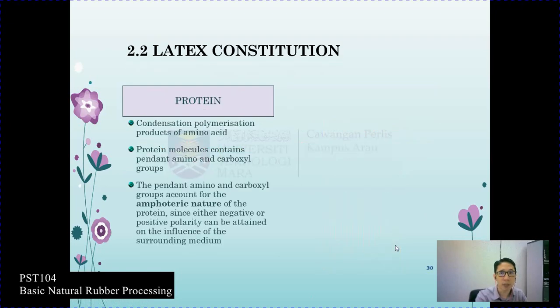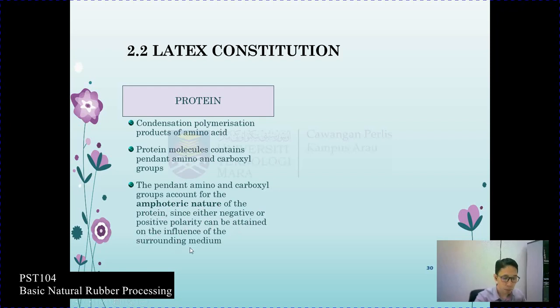And then we have protein. Condensation polymerization product of amino acid. Protein molecules contain pendant amino and carboxyl groups. The pendant amino and carboxyl groups account for the amphoteric nature of the protein, since the negative or positive polarity can be attained under the influence of the surrounding medium.